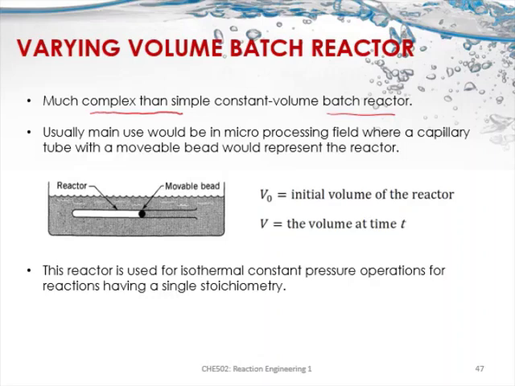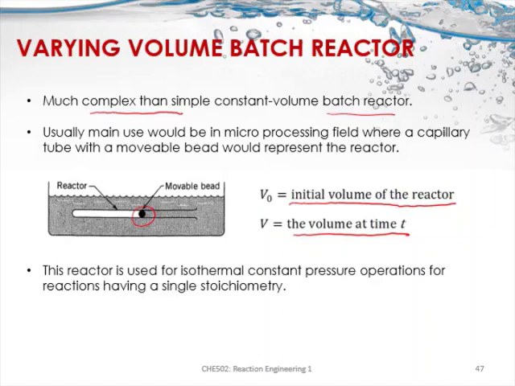Then you have a movable bit, so that we can see that the final volume, the volume at time t with respect to the reaction time, is no longer equal to the initial volume of the reactor. We may have this kind of reactor, very small, and let's say a gas reaction happens.